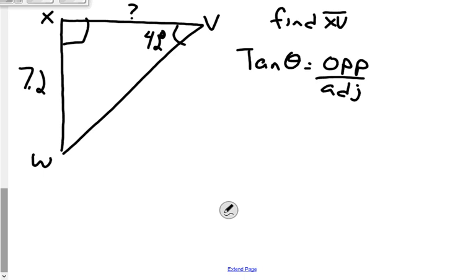All right, so let's set it up. Tangent of the angle. Now, opposite, we know, 7.2, all over x. All right. Now, I'm going to make an executive decision here.